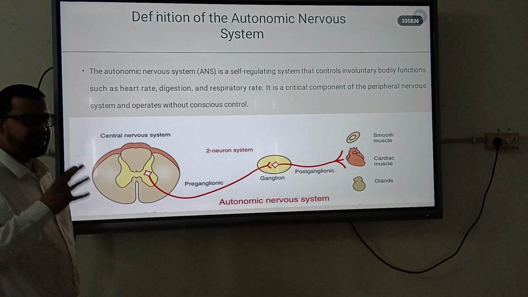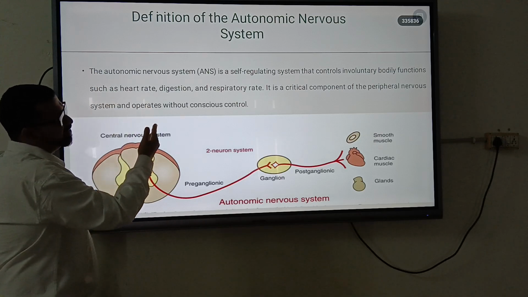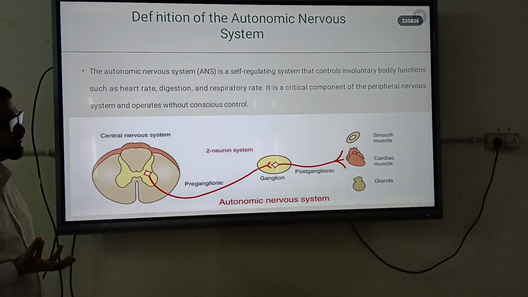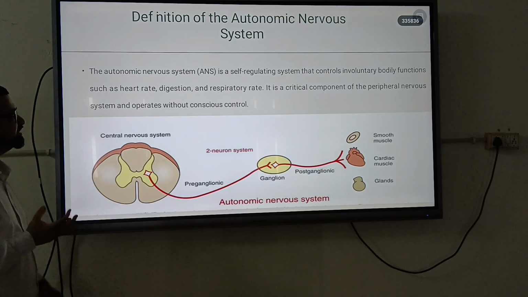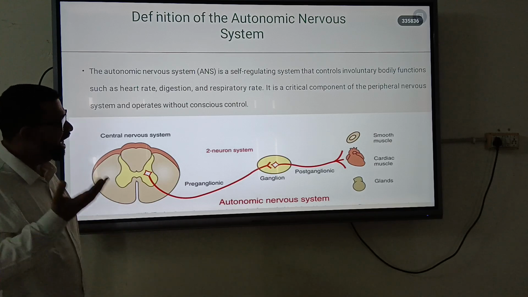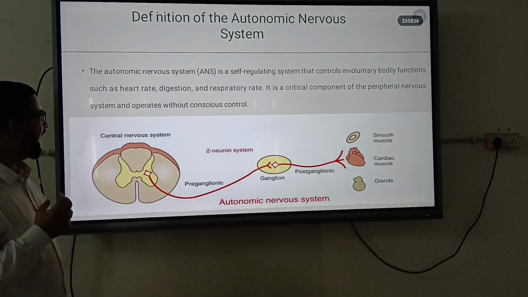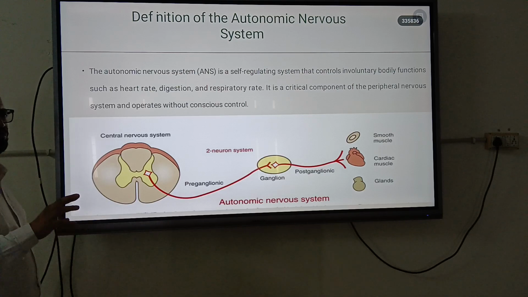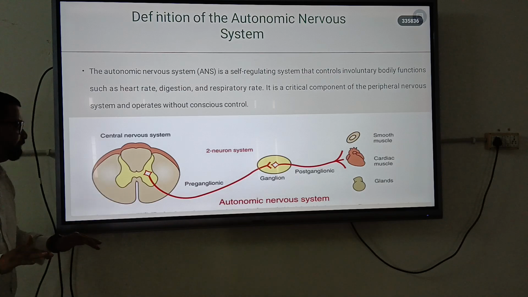The autonomic nervous system is self-regulating and controls involuntary bodily functions such as heart rate, digestion and respiratory rate. It is a very critical component of the peripheral nervous system, and it operates without the conscious mind, meaning you don't have any control over it.